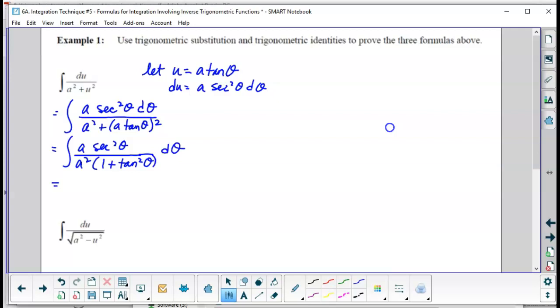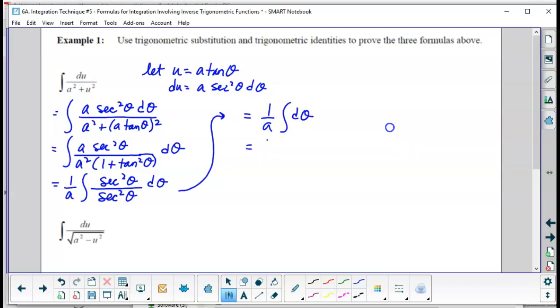Then a over a squared simplifies, right? So that's going to be 1 over a. I'll just put it out front. Secant squared theta. 1 plus tan squared is secant squared theta. Okay. So then that's going to equal 1 over a integral of d theta, which is theta. And then remember your substitution.